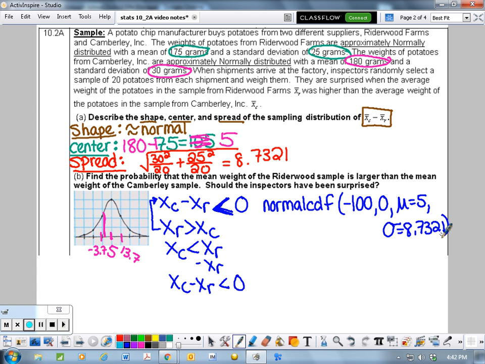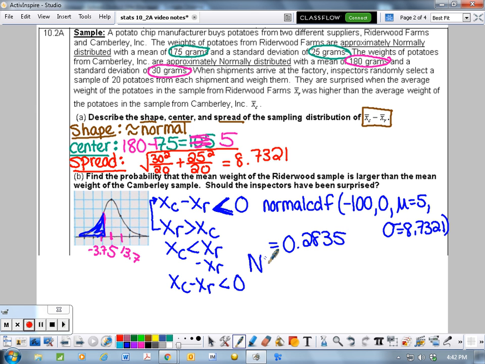And we can go ahead and calculate that probability with a little bit more exactness than we would be able to do just by looking at this ugly picture. But it helps us figure out what's going on. So negative 100, 0, 5, 8.7321. And we get a probability of 0.2835. Should they be surprised?